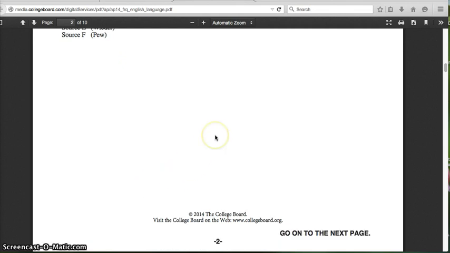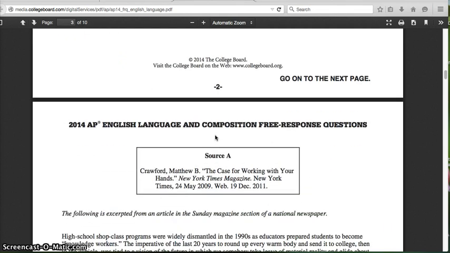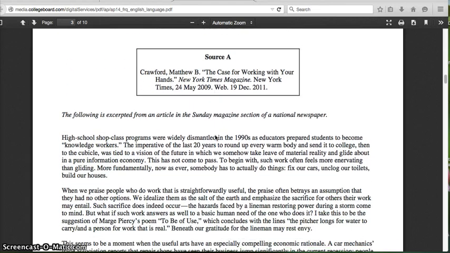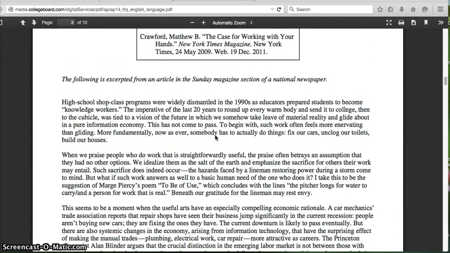Then what I'd like you to do is read sources A through F. Right? And when you read, I want you to read with your pencil. I want you to look for quotes that you think support your argument, as well as quotes that have the counter argument, which is, if you said yes, something that would support no. And then I want you to think about why the counter argument is wrong.